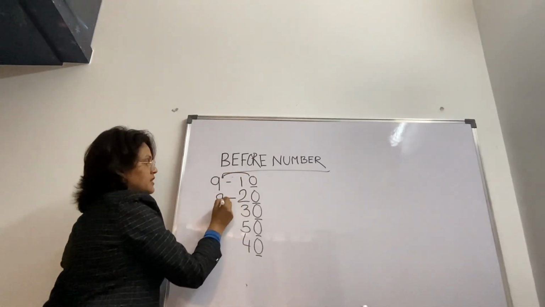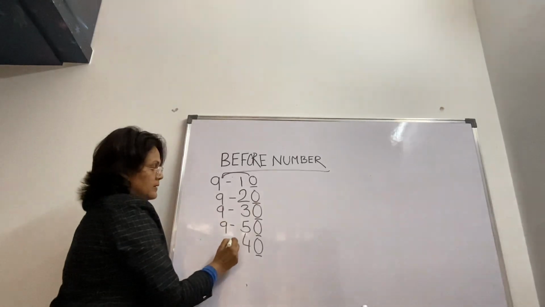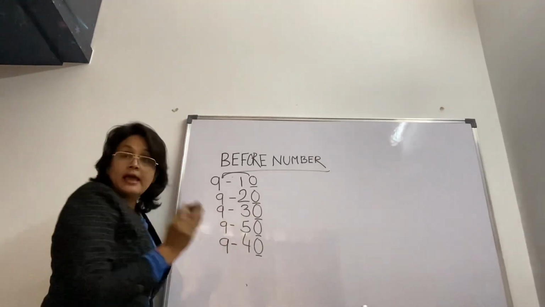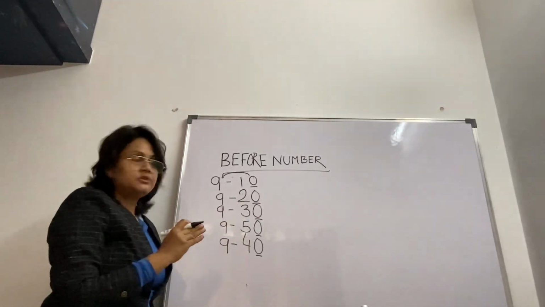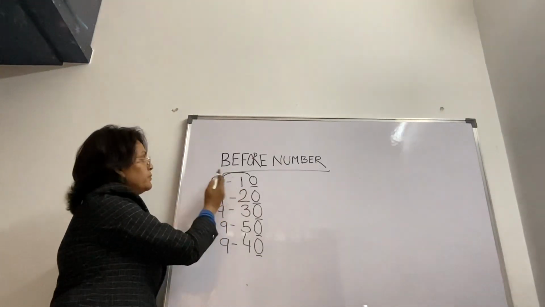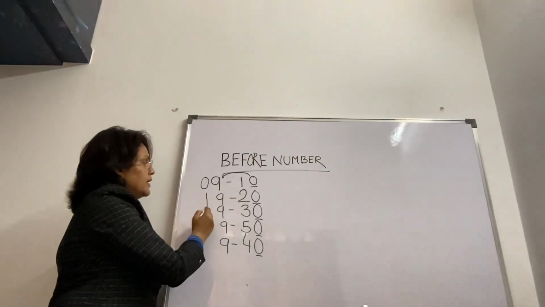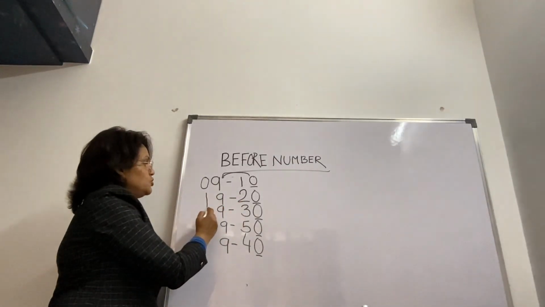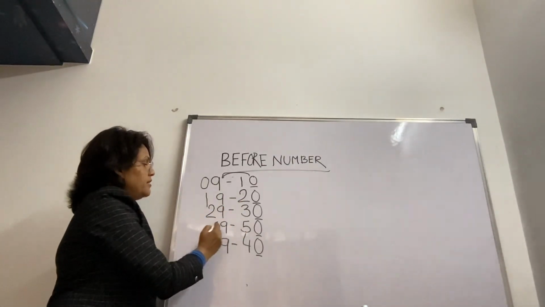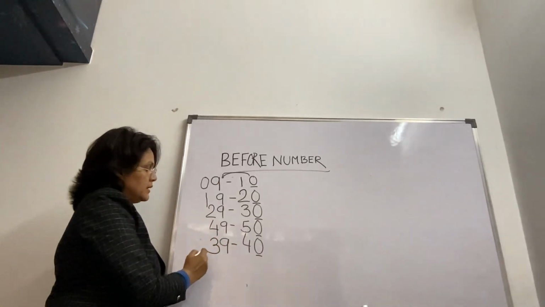So every place we are converting the zeros to 9. And then as it is the before number concept, we have to write what comes before 1. Before 1 it's 0, before 2 it's 1, before 3 it's 2, before 5 it's 4, before 4 it's 3.